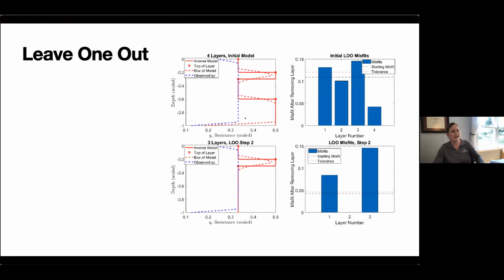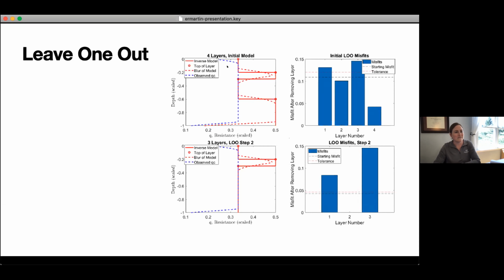And then here in blue, I've marked our observed tip resistance from our measured data. We need to decide, do we want to leave out any layers from what we currently have? You see that there's this huge misfit between our blurred guess, which is like our synthetic data, and our true data in blue here.